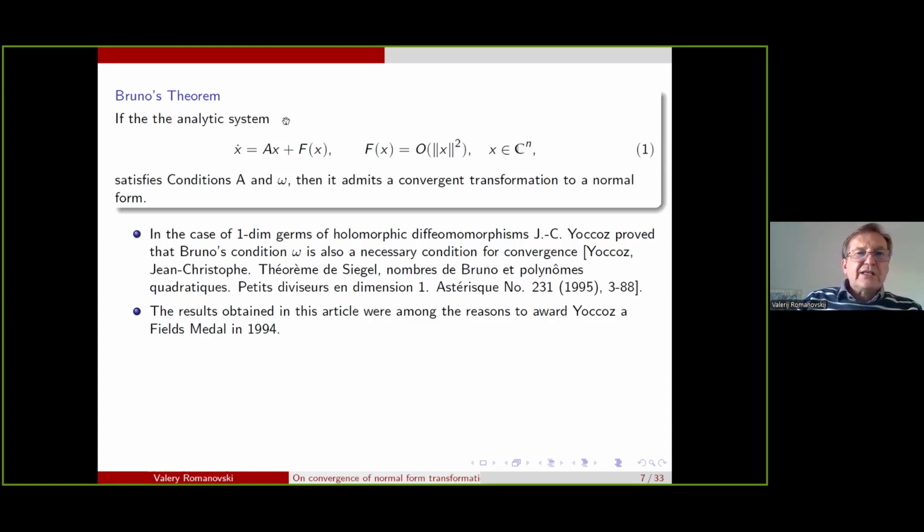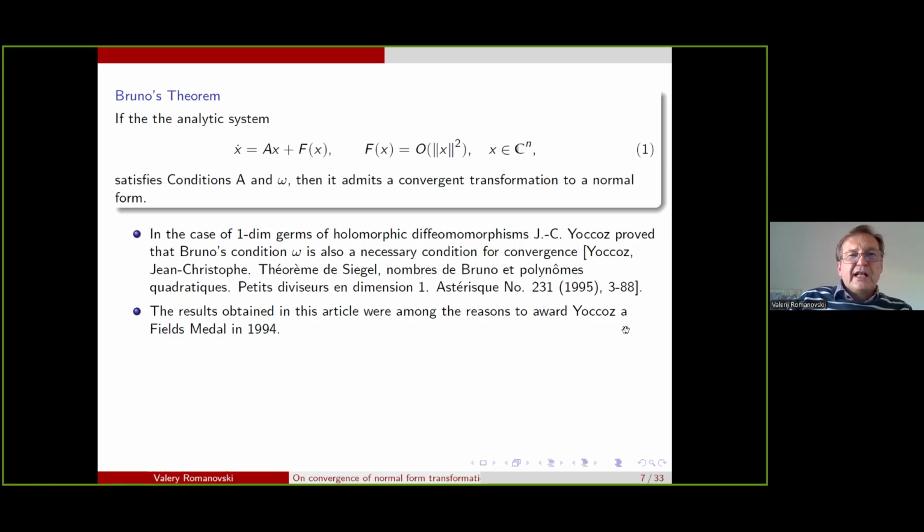In the one-dimensional case, Bruno also studied the case of germs of holomorphic diffeomorphisms, with more or less the same theory. And in the case of one-dimensional germs of holomorphic diffeomorphisms, Yoccoz proved that Bruno's condition omega is also a necessary condition for convergence. So it's a famous paper, Yoccoz's theorem on Siegel numbers, the Bruno condition and quadratic polynomials, petits diviseurs in dimension 1.